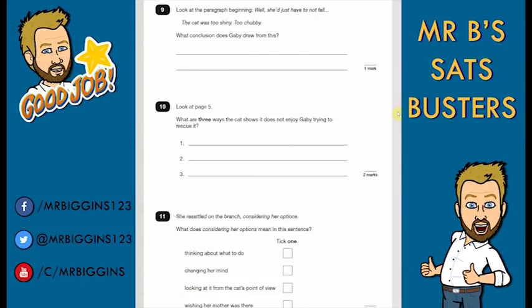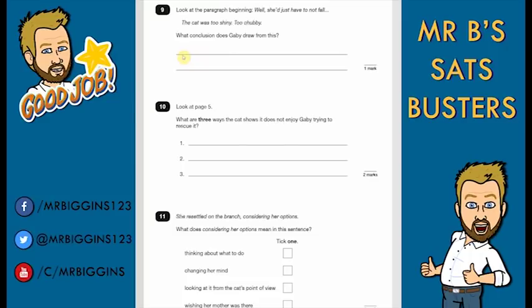Question 9 says, look at the paragraph beginning, well, she'd just have to not fall. That tells us which paragraph the answer is in. And then later on in the paragraph it says, the cat was too shiny, too chubby. And it says, what conclusions does Gabby draw from this? Now, in the text, literally just before it says that, it says, this was no stray. Okay, now a stray cat means one that's not owned by someone.